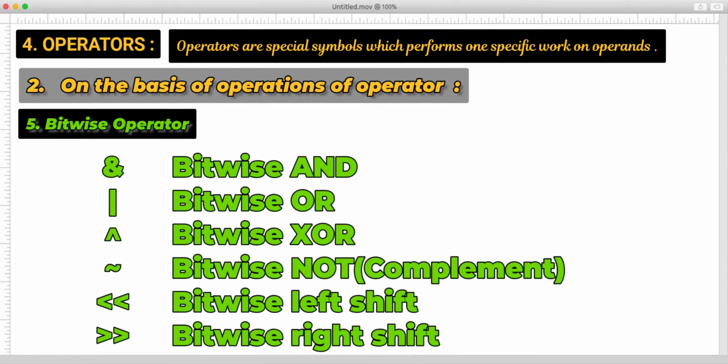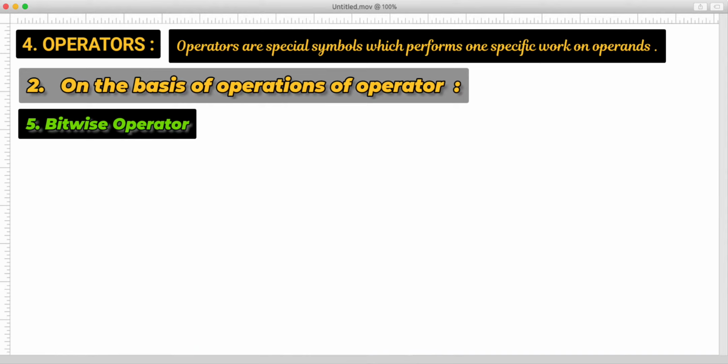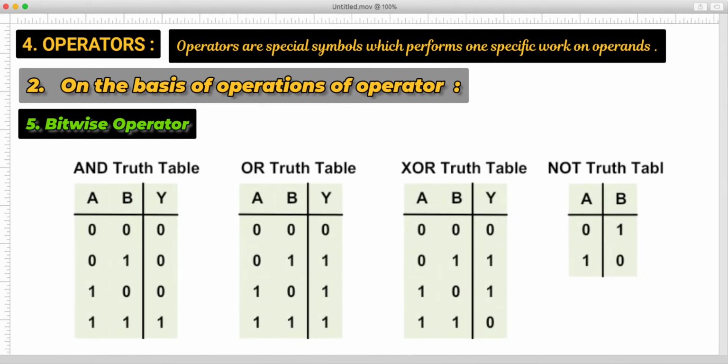Also, let us understand this with a numeric example of 0 and 1 with the help of a truth table. Now, what is a truth table? As you can see on the screen, truth tables of AND, OR, XOR, NOT. Now here in the AND truth table, let us suppose 0 is false and 1 is true.